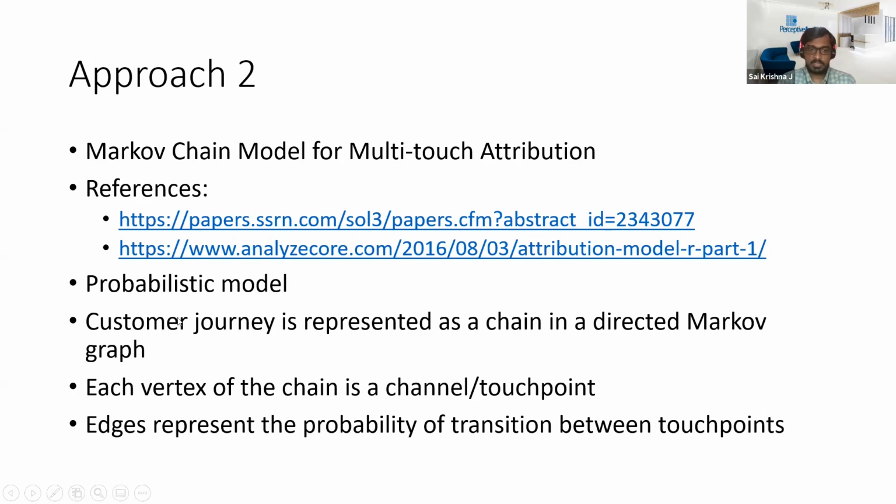In this model, the customer journey is represented as a chain in a directed Markov graph. The same example I was just talking about, moving from point A to point B. Here they call it a customer journey, where the customer goes from one website to another, or from one page in a website to a different page in the same website. And each vertex of the chain is the channel or touch point.